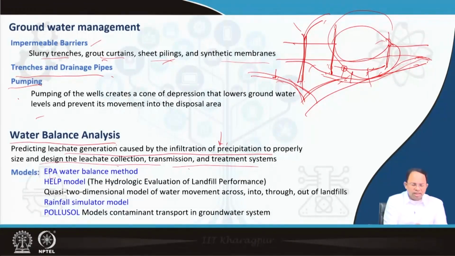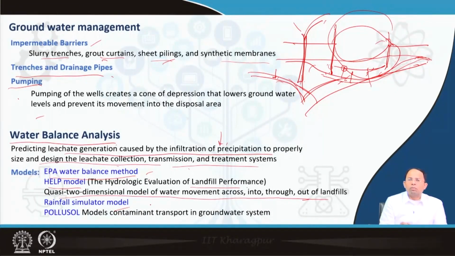For this, we have the US EPA, Environmental Protection Agency, water balance method, which can be utilized. There is something called the HELP model, which is the Hydrologic Evaluation of Landfill Performance model, also developed by EPA. It's a quasi two-dimensional model of water movement across, into, through and out of landfills. That means how much water moves from outside to inside, inside to outside, and within the landfill can be estimated.